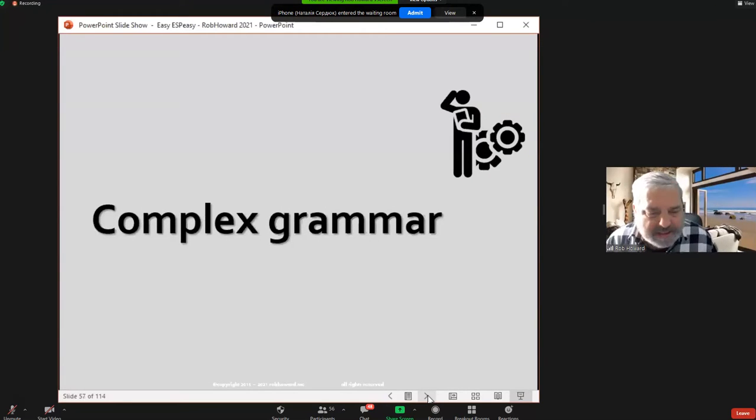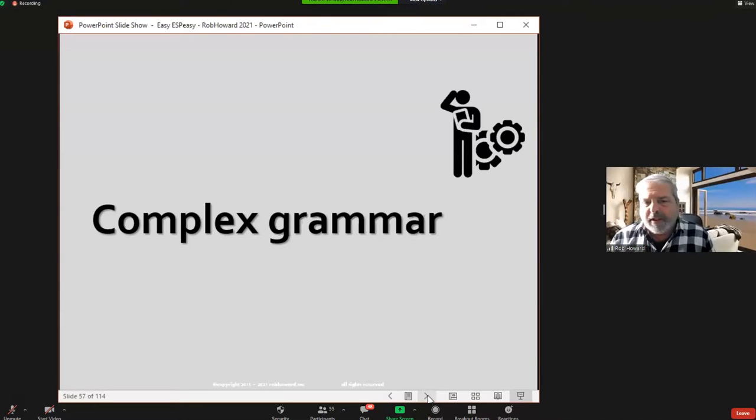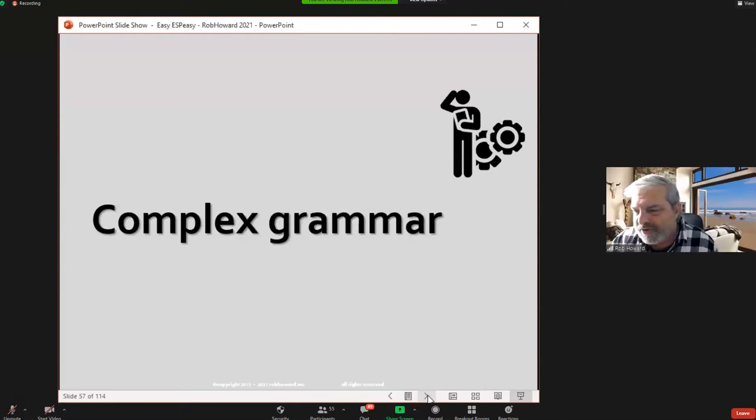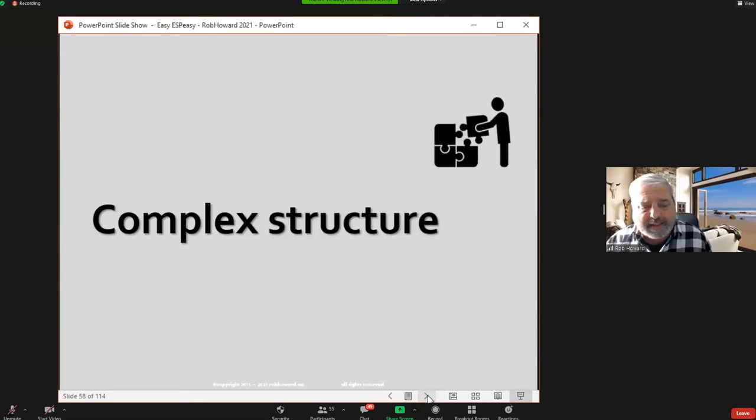Now, what I find is the ones that have good vocabulary just don't have much in the way of complex grammar. Everything is present tense, maybe some past tense. You never hear the perfect tenses. You never hear conditionals. You never hear compound sentences. And I'm working with them now to build more complex structures.